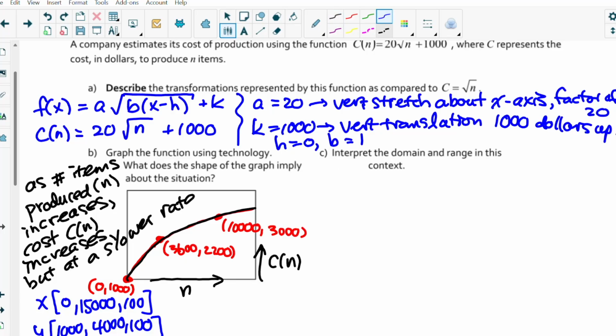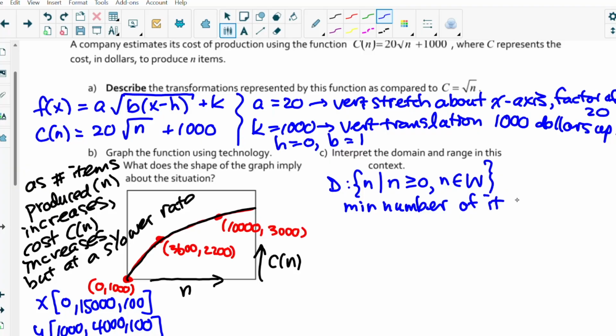Interpret the domain and range in this context. So the domain is n such that n is greater than or equal to 0, and n is an element of whole numbers, right? Because we start with 0 items produced. Well, that's a whole number, and I can't produce decimal or fractional numbers. So quick note here, minimum number of items produced is 0.